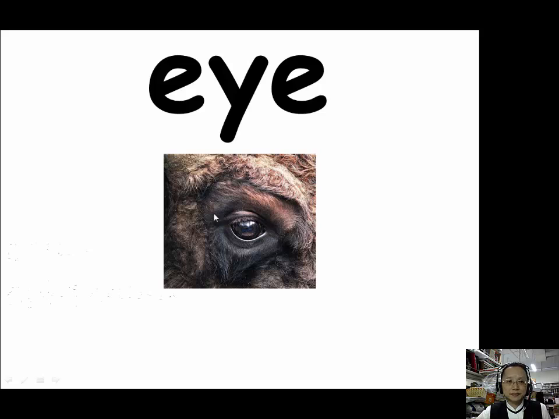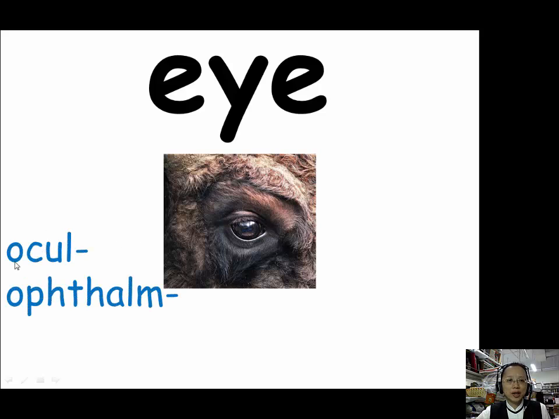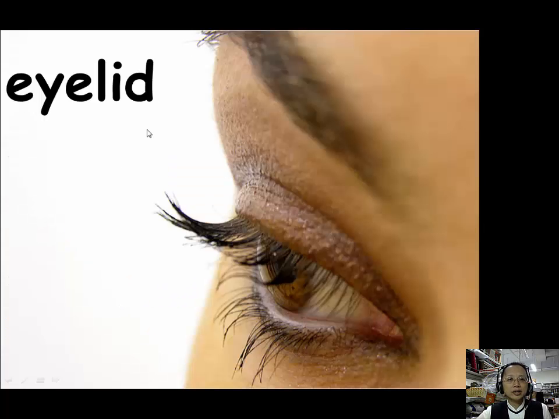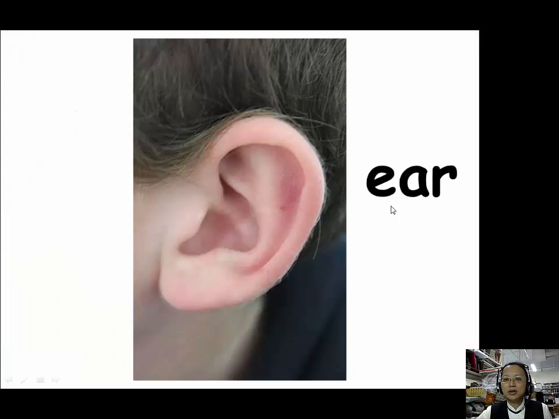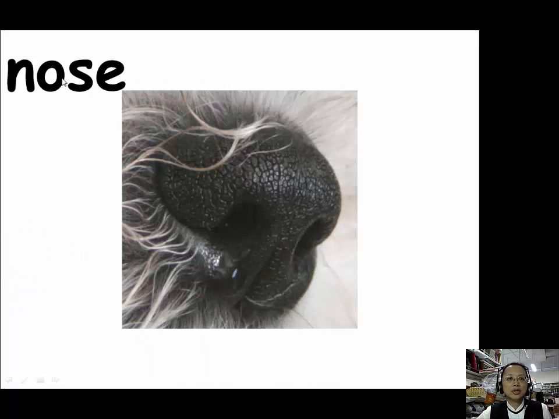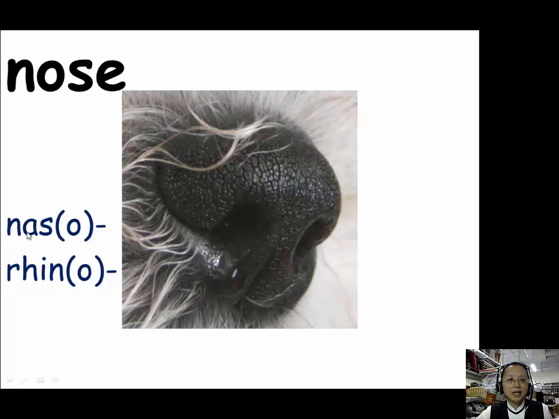For eye, oculo, O-C-U-L-O, and ophthalmo, O-P-H-T-H-A-L-M-O. For eyelid, blepharo, B-L-E-P-H-A-R-O, and cilio, C-I-L-I-O. For ear, auri, A-U-R-I, and oto, O-T-O. For nose, we have naso, N-A-S-O, and rhino, R-H-I-N-O.